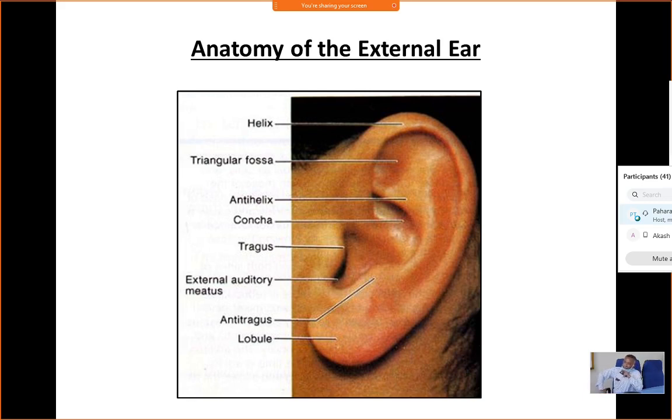Then if you come downward from the antihelix, from the superior aspect, there is another elevation called the antitragus. So the tragus is on the anterior aspect and the antitragus is on the posterior aspect of the external auditory meatus. Then at the lower aspect there is fibrofatty tissue, which is called the lobule. So this is called the ear lobule.